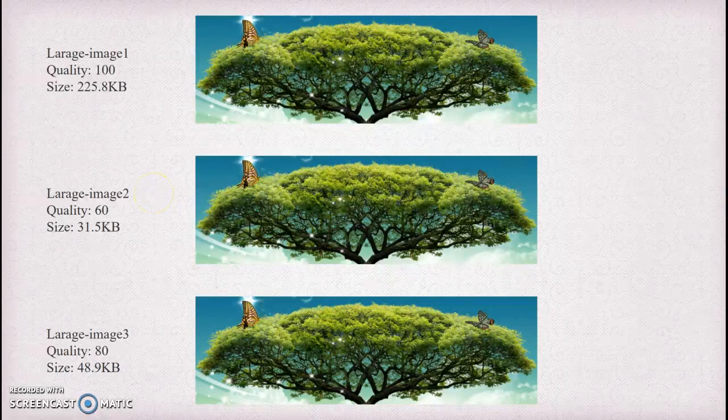Even though the quality is 60, it still looks pretty good, and the size is way smaller and would take way less time to load on your website, ultimately creating a better user-friendly experience for everyone that goes on your website as well.